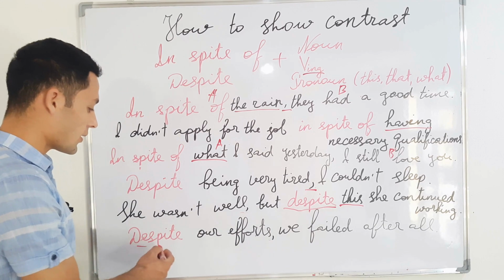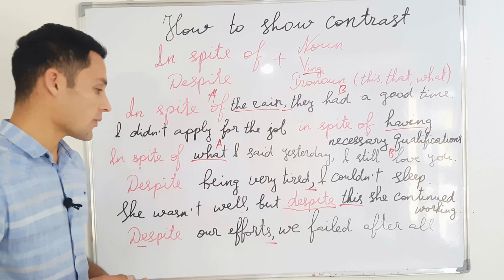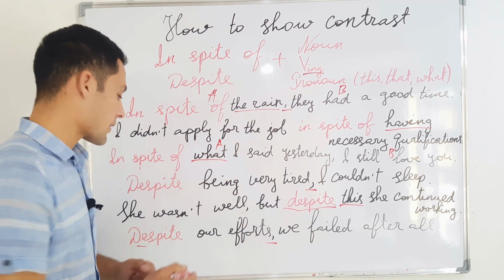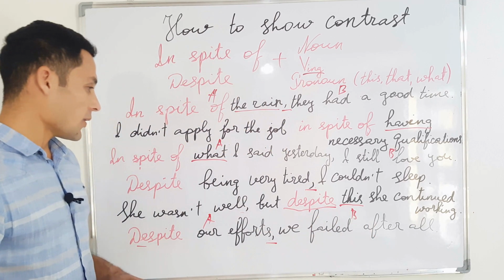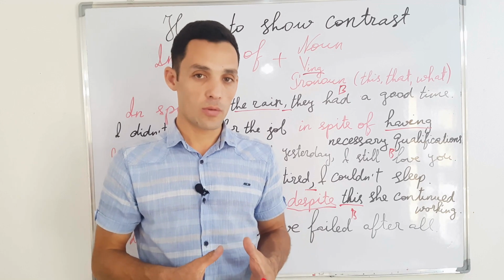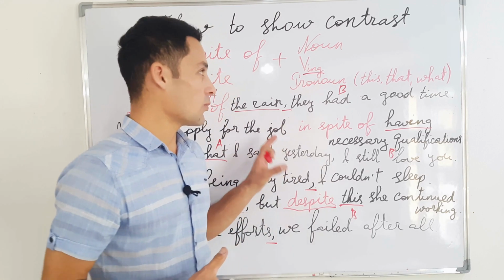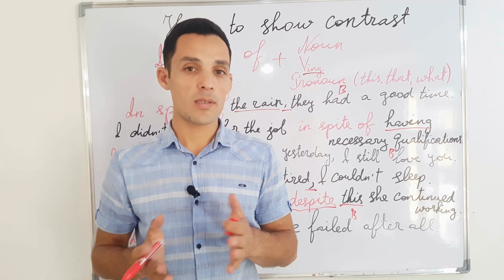We have used despite in the initial point, and we need a comma in here to separate the 2 points, A and B. Okay, so I hope you understood the punctuation rules and grammar rules related to although, even though, in spite of, and despite.